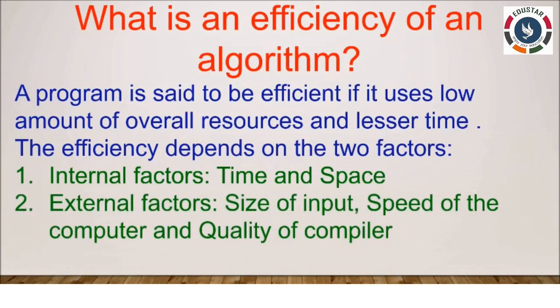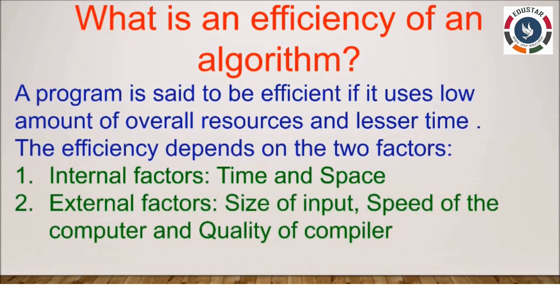Next, what is the efficiency of an algorithm? What do you mean by efficiency? A program is said to be efficient if it uses a low amount of overall resources and less time.